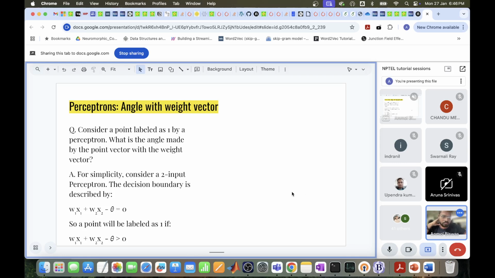So for a two-input perceptron, you write the equation like this: W1 x1 plus W2 x2 minus theta equals 0. And the point will be labeled 1 if W1 x1 plus W2 x2 minus theta is greater than 0. This is what I had previously, but you can change this greater than to greater than or equal to if that is how it is being currently taught in the course.